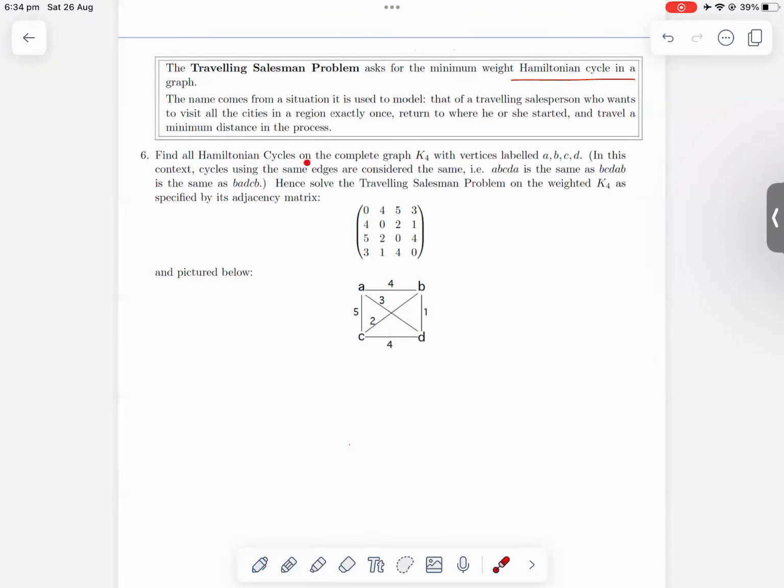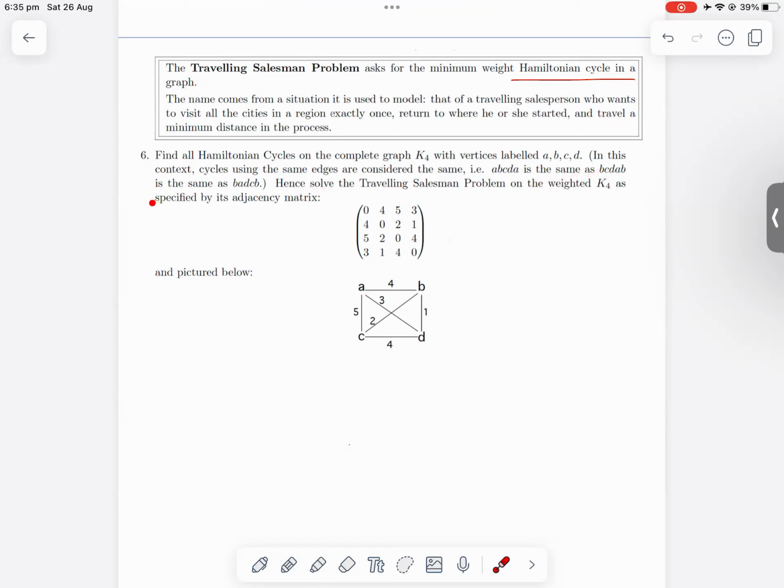Find all the Hamiltonian cycles on the complete graph K4 with vertices A, B, C, D. It's like this. In this context, cycles using the same edges are considered the same. A, B, C, D is the same as B, C, D, A. So obviously, because the summation of the degrees will be the same.